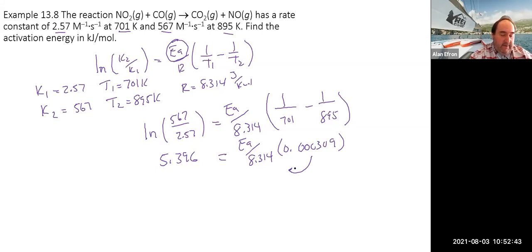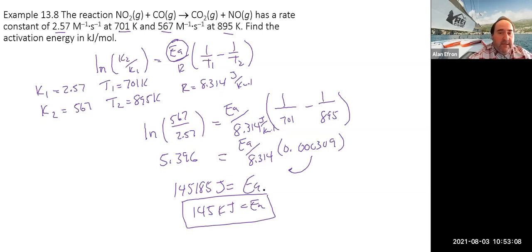That gives us 5.396 times 8.314 divided by 0.000309, which gets us an Ea, or activation energy, of 145,185. Units here are joules because of R. Dividing by 1,000 gets 145 kilojoules as our activation energy. Again, here we do get a positive value for our activation energy.